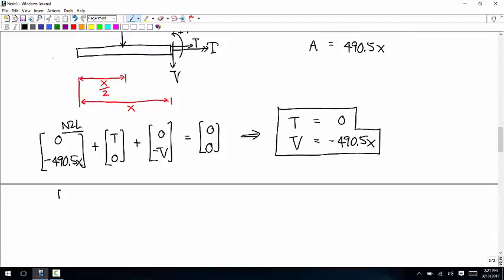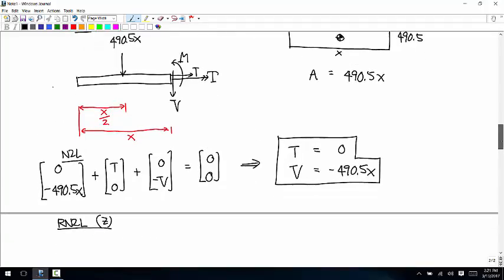And now we'll go to the moment equation about the z-axis. Does that force of 490.5x produce a moment? It does. Our about point is here.